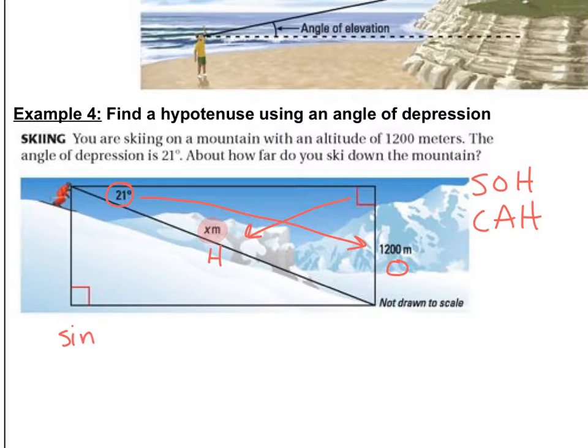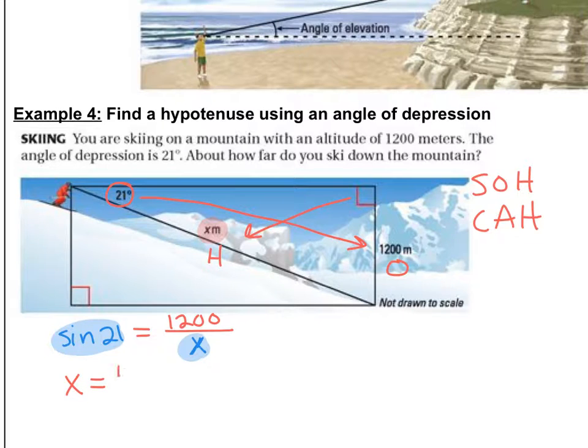So we are going to find the sine of 21 equal to 1,200 over x. A little shortcut for you here. Anytime you have a problem set up like this, and you have the x here, and you have something else here, the shortest way to do this is to simply flip-flop them.